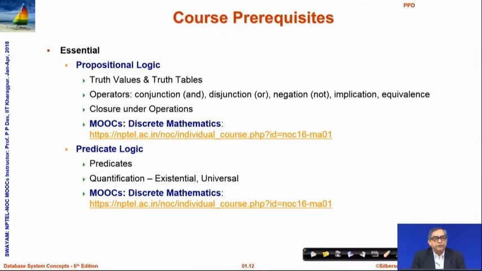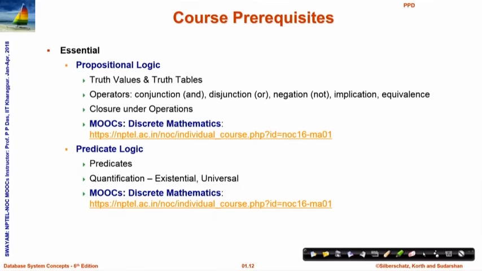We need a little bit of predicate logic as well. Predicate logic, in contrast to propositional logic, deals with quantification, that is, knowledge of the existential and universal quantifier, where we say whether a certain predicate holds for all values in the domain or for some value in the domain, whether there exists some value for which it holds or whether for all values it holds, and based on that the predicate logic is built up.